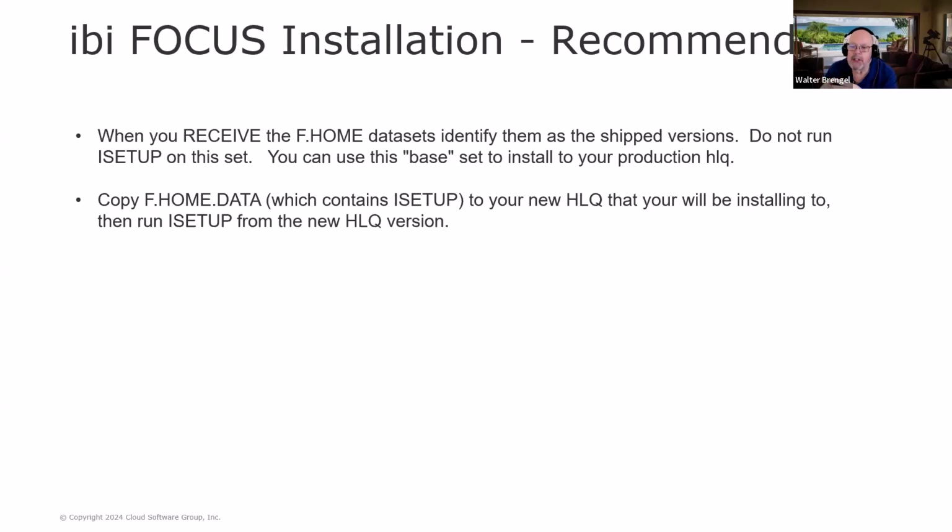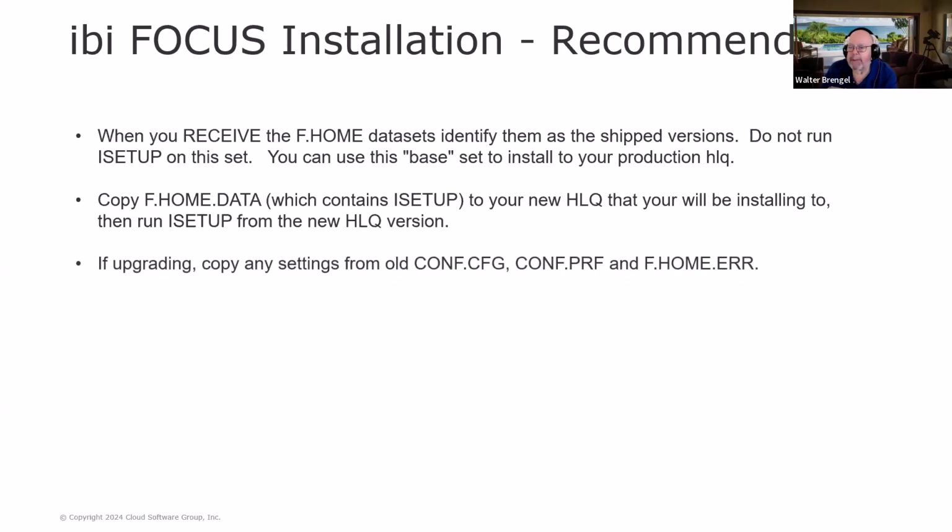Now, when you do this, your input data sets are going to be the old version, the one you're coming from, and then the new high-level qualifier is going to be what you want the new version to be that you're running the iSetup from. And this makes life a whole lot easier. So it'll copy each of the individual f.homes for you. The only one it doesn't do is the f.home.data, which is why you have to do it manually first.